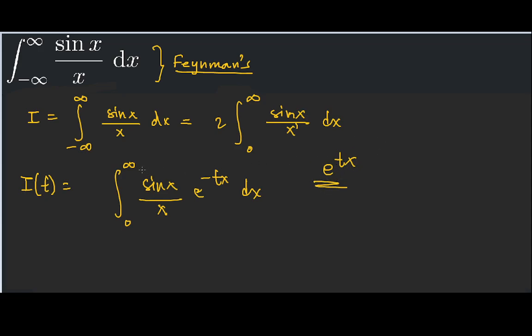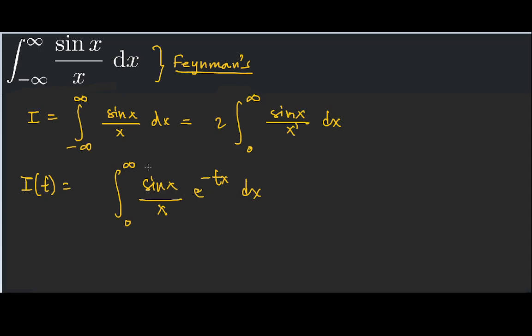This entire thing is converging, and that can be ensured directly by looking at this, because e to the power negative tx is converging since it's a damping function. So you should always be on the lookout for damping functions.